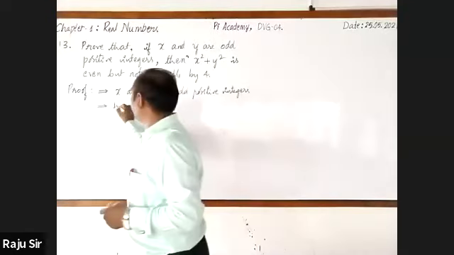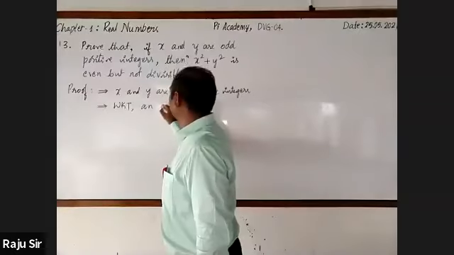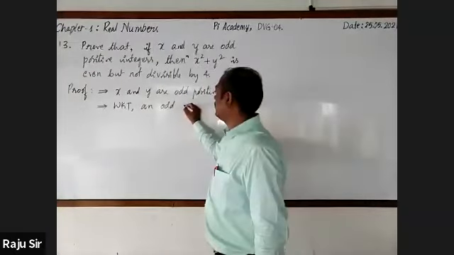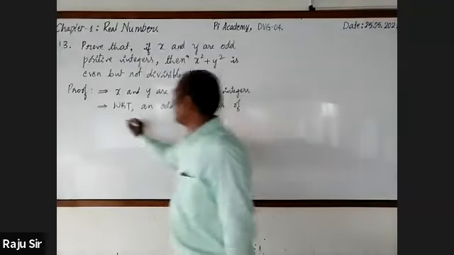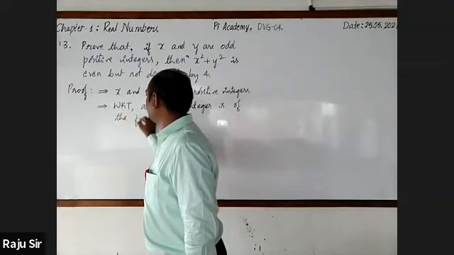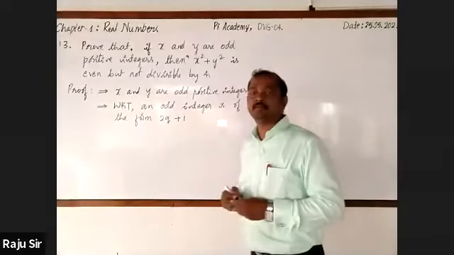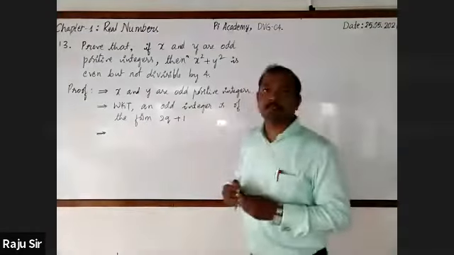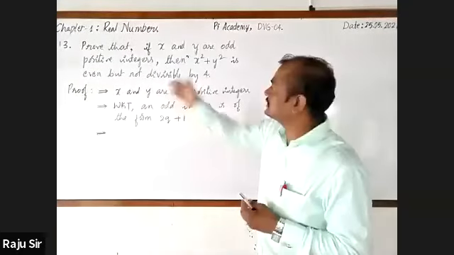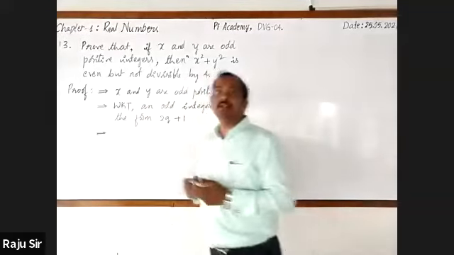We know that an odd integer is of the form 2q plus 1. But how many odd integers are there? Two odd integers, one is x and another one is y.